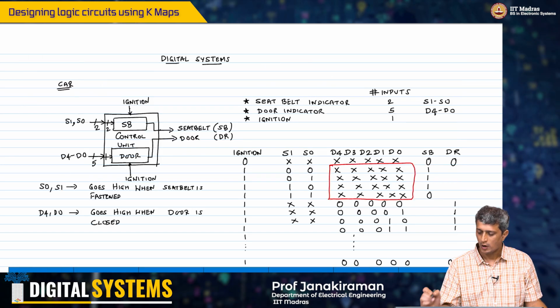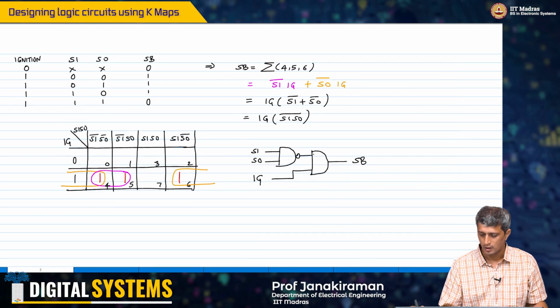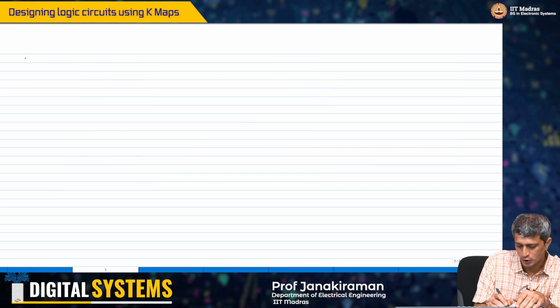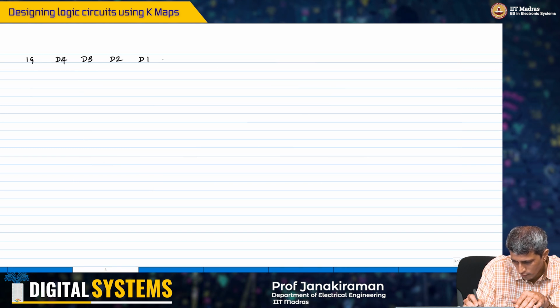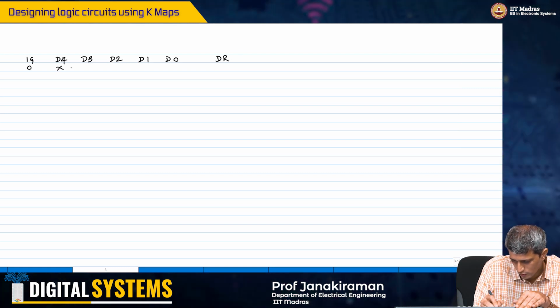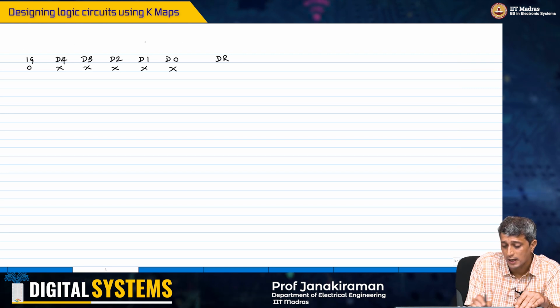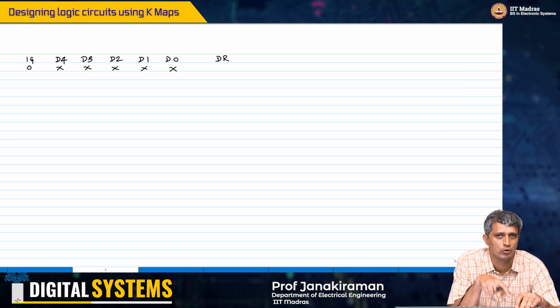So now, of course, we go ahead and do a very similar truth table for the other case, which is the door. Okay, ignition, D4, D3, D2, D1, D0. I want to look at DR, of course 0, doesn't matter what this is. Okay, now remember, we are dealing with a 6 variable truth table, so therefore we will actually have 2 power 6 input combinations.